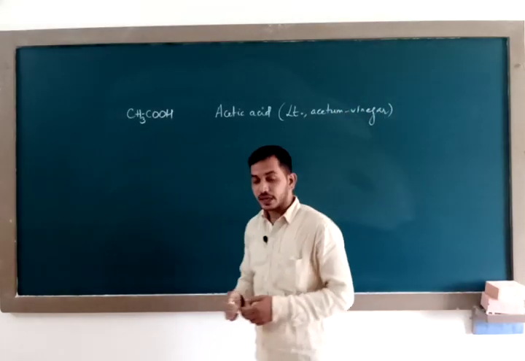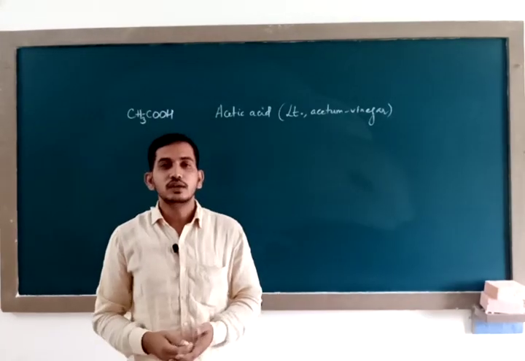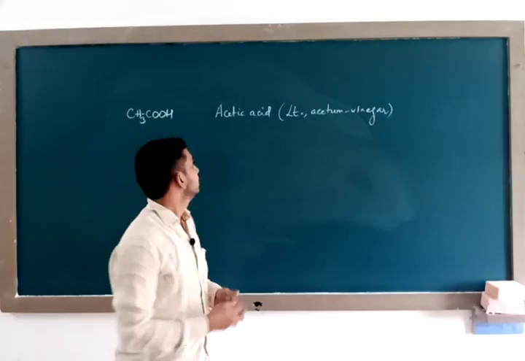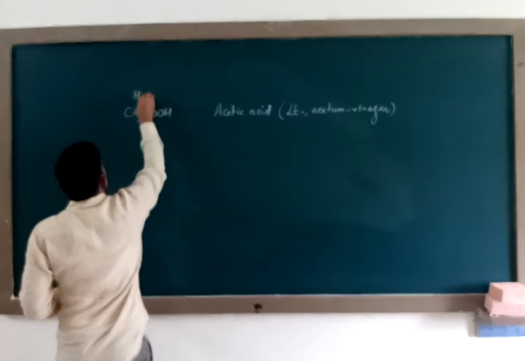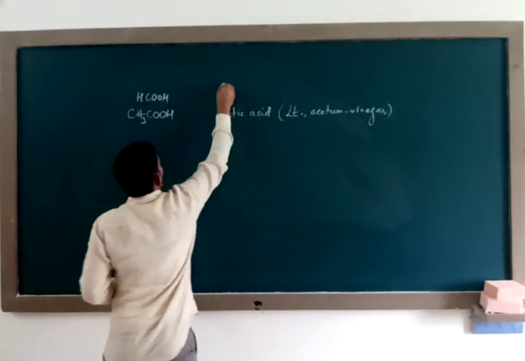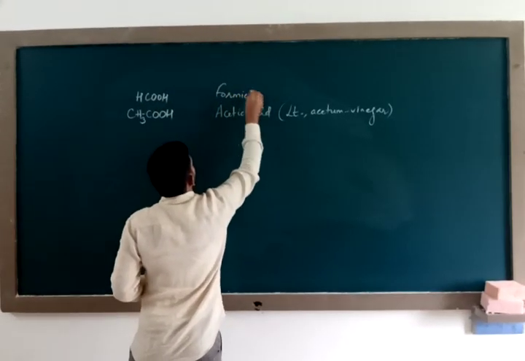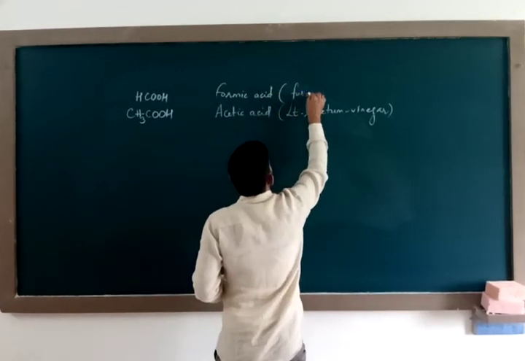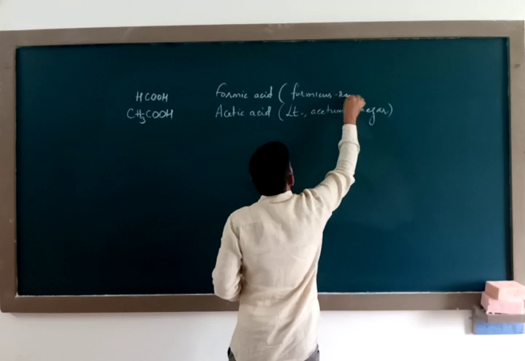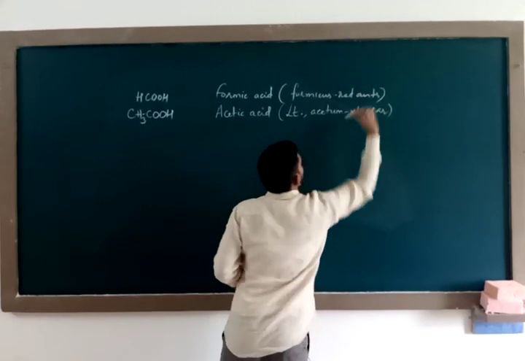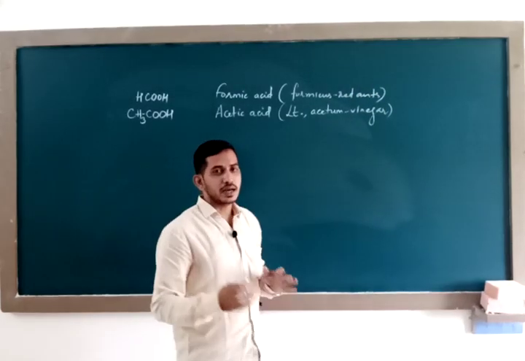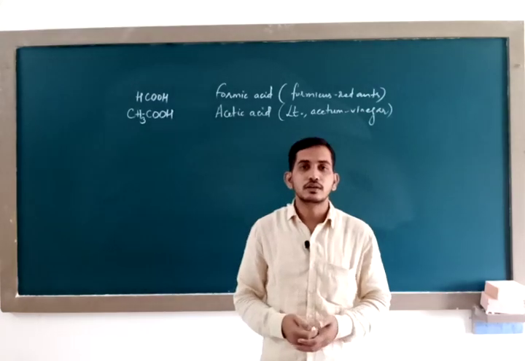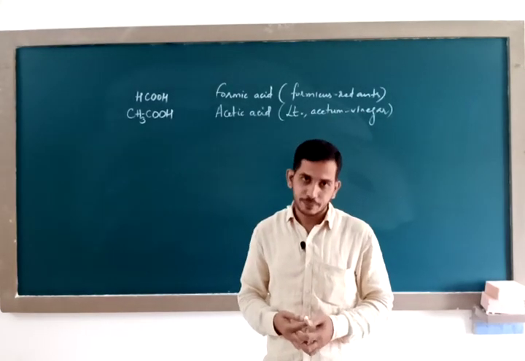Acetic acid is obtained from vinegar, therefore it is called acetic acid. Then formic acid. Formic acid is called formic acid because formicus means red ants. It was for the first time extracted from red ants, therefore it is called formic acid.